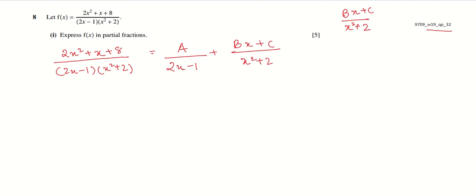And over here, we just have a simple x, not x squared, so it's just 2x minus 1. So we are going to write the numerator as A.